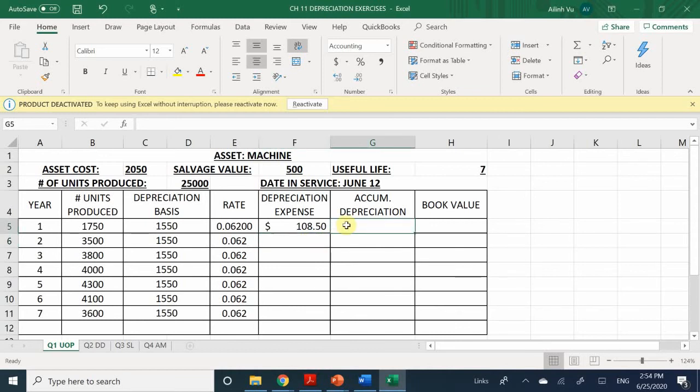And what is my accumulated depreciation? It's the same, because we have no previous, so it should be equal to this 108.50. And then what is my book value? Let's see, 2050 minus 1750, 108.50. Correct. And I should get 1941.50.